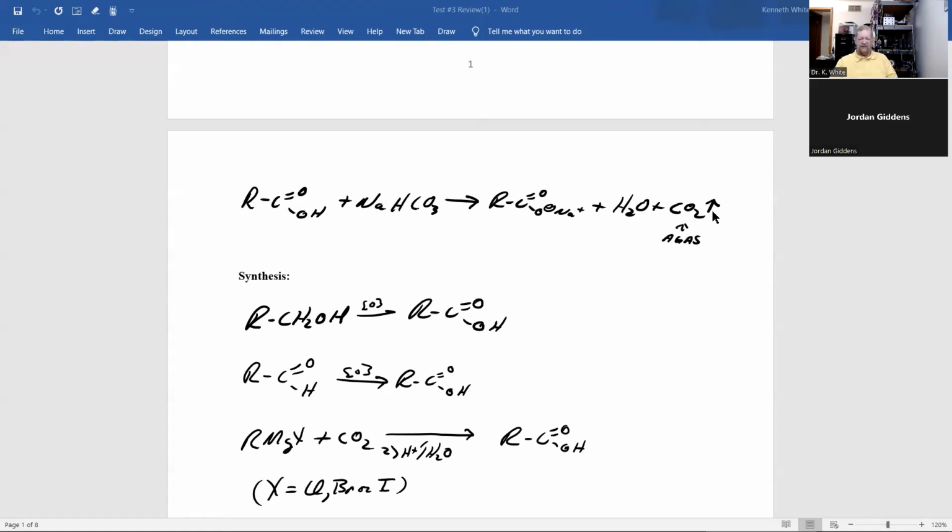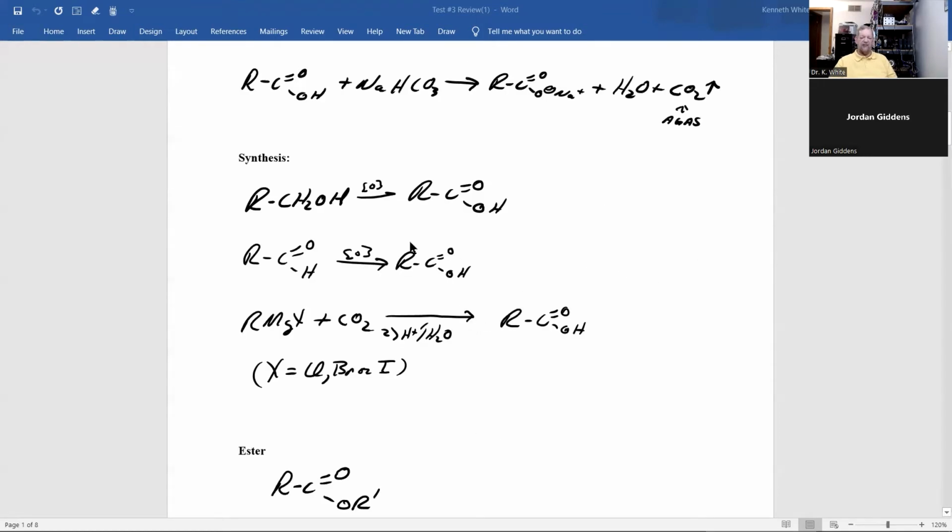All right, how do you make a carboxylic acid? You take a primary alcohol and oxidize it, and we get a carboxylic acid. You can take an aldehyde and oxidize it, and guess what? You will get a carboxylic acid.